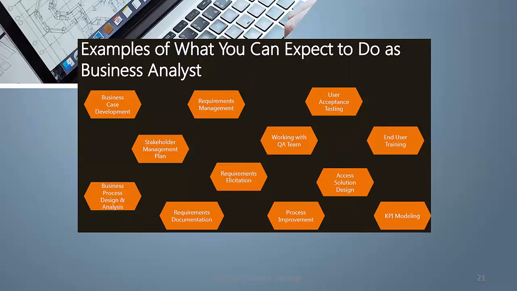And then you have KPI modeling. KPI modeling is where you have the key performance indicators associated with the project. Before you start the project, when you are at business case development or even before that, you identify the key KPIs which will be positively impacted by the project.